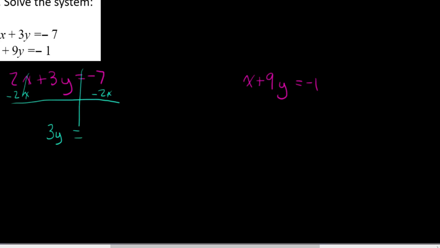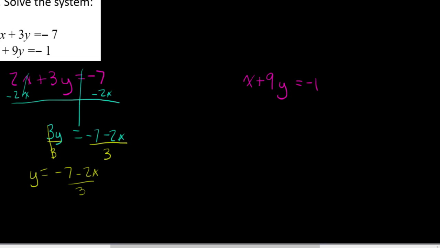And remember, we can't combine negative 7 and negative 2x, so we'll just leave them as negative 7 minus 2x. So at this point, I just have 3 times y, so I'll go ahead and divide both sides by 3. Remember, we divide the entire thing by 3. On the left side, those will cancel out. And I've got y is equal to negative 7 minus 2x divided by 3.